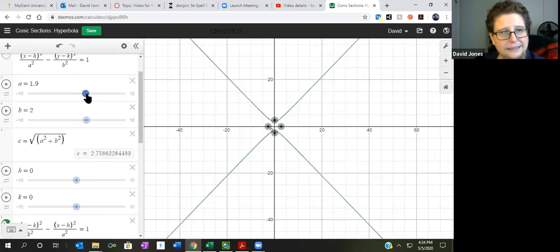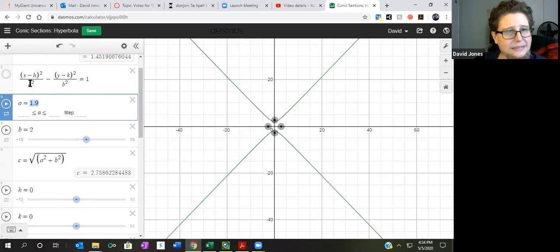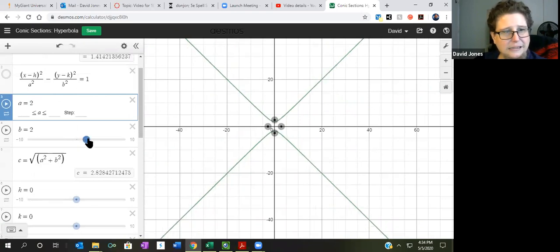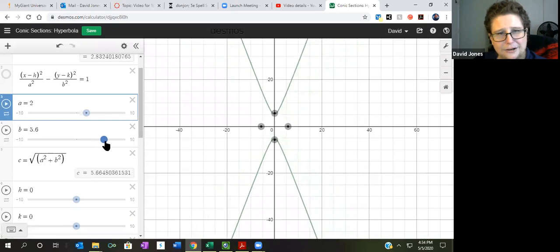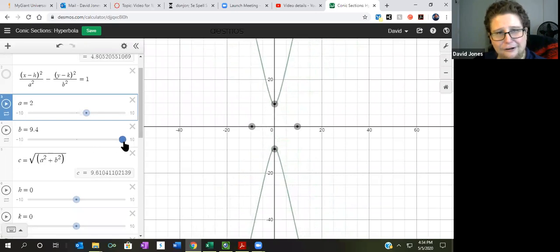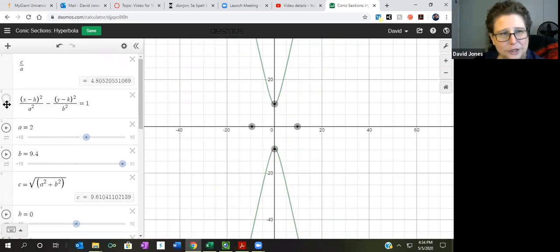Let's get it back down to 2. When B goes up, they get really narrow. Okay? Does it matter which graph I'm using?